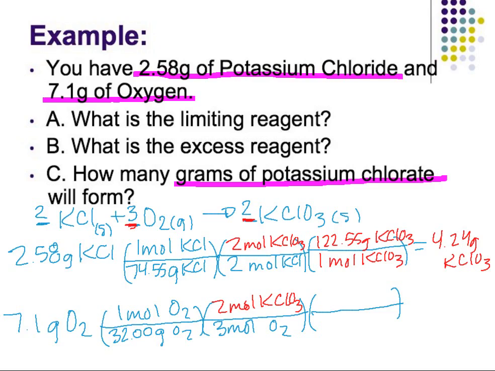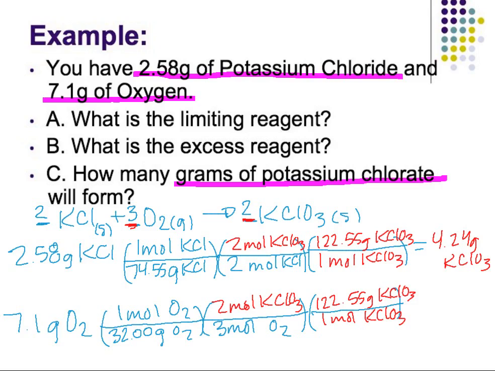Third step, I turn my moles of potassium chlorate into grams of potassium chlorate, and that's 122.55 grams KClO3 in 1 mole KClO3. I put the second half of both of these equations in red to point out to you that they're exactly the same.